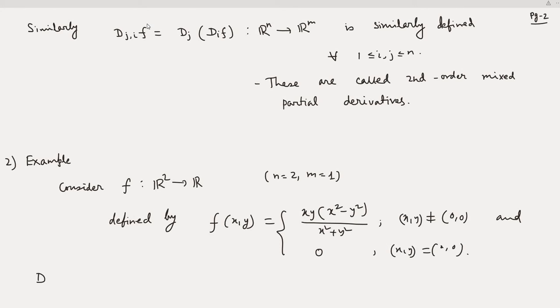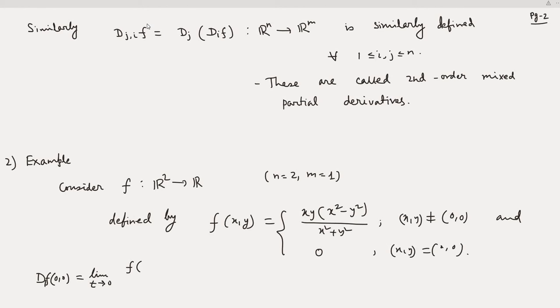So d1 f at 0 comma 0, this is equal to limit t tends to 0. So we are following the definition. f of 0 plus t e1, so this is the first variable.